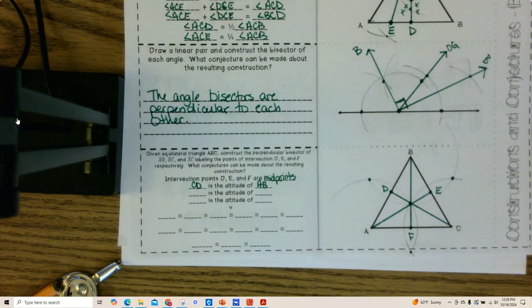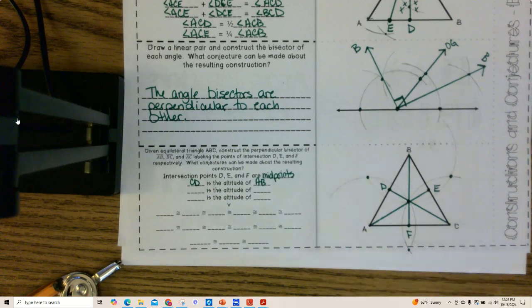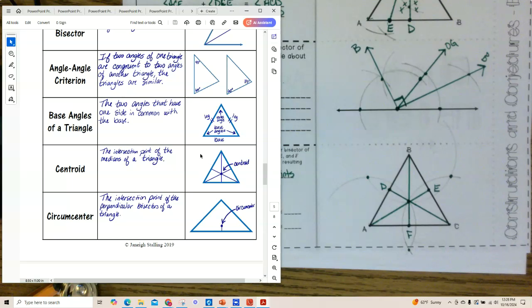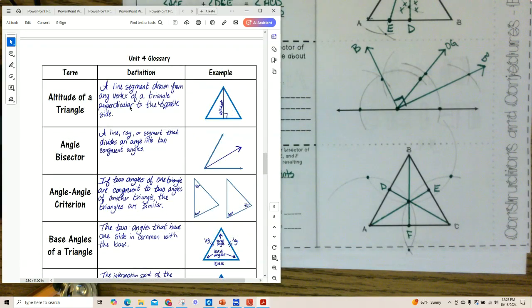It's what? So it goes to the midpoint of that line and the opposite angle, right? Have we done altitude in our definitions yet? Altitude of a triangle: a line segment drawn from any vertex of a triangle perpendicular to the opposite side.